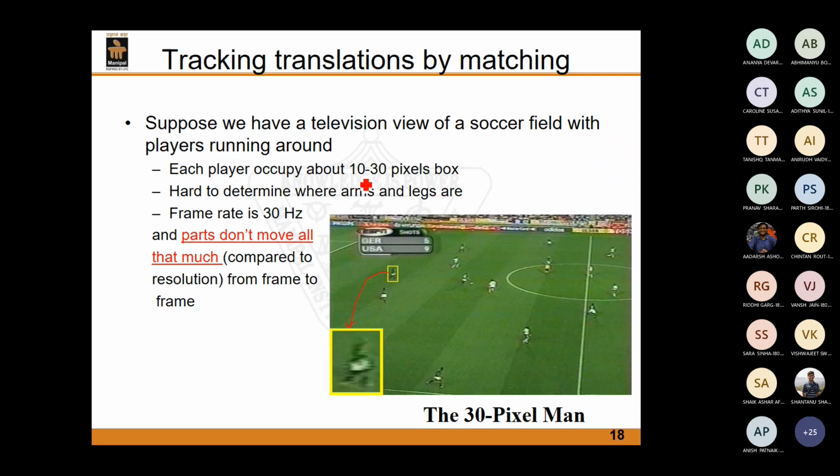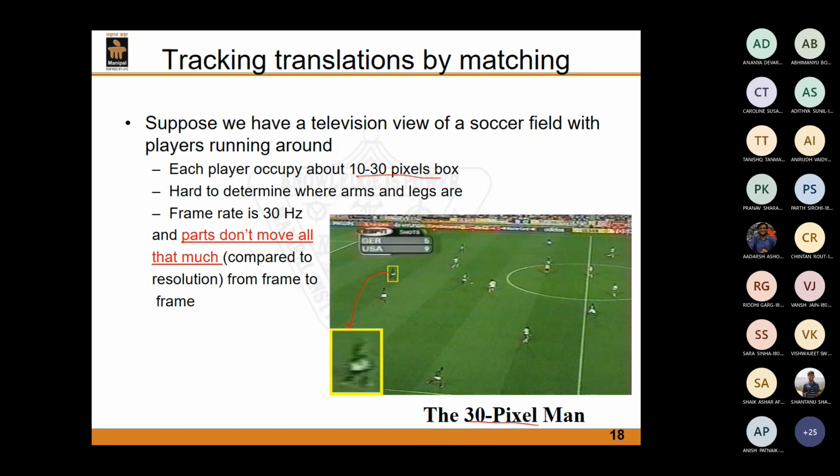Let's say it is maybe just 10 to 30 pixels for the bounding box over here. So in this example, as I said earlier, the person is too small, and that's why it's called a 30 pixel man.